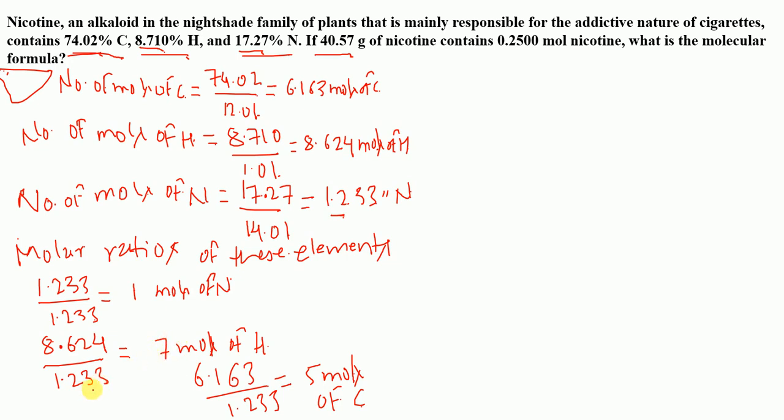This number will be like 6.994. When we divide, you will get 6.994 here, but I have simply written it as 7. 6.994 is almost equal to 7.